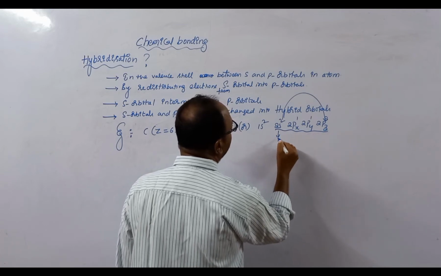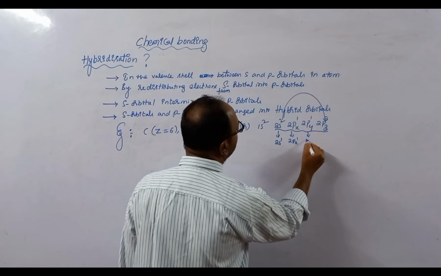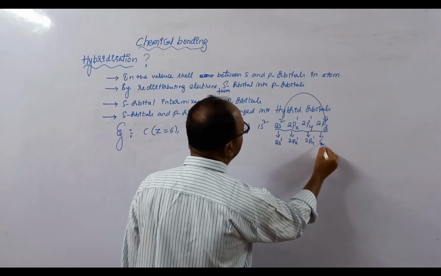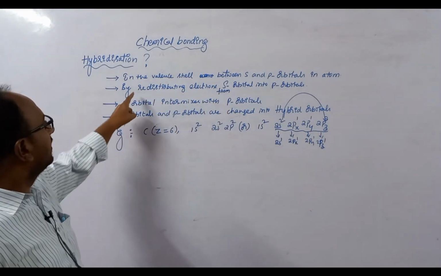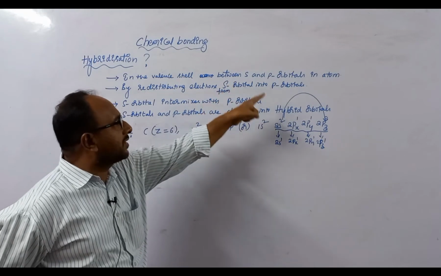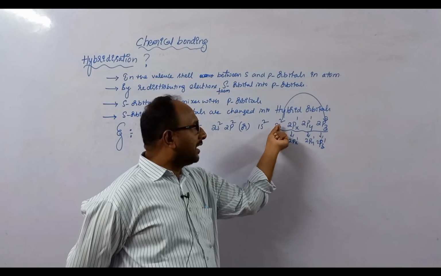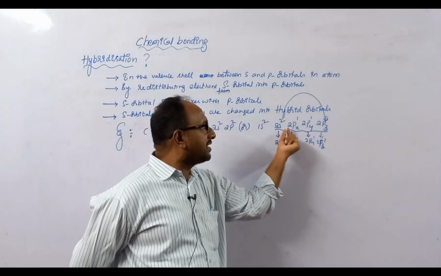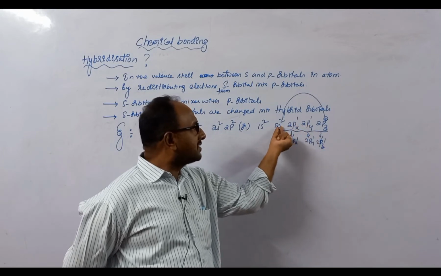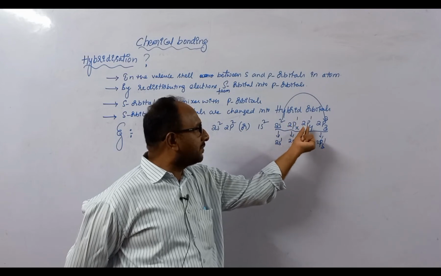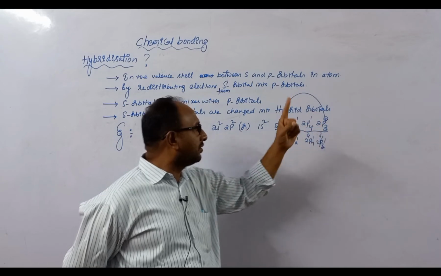So now the configuration is 2s1, 2px1, 2py1 and 2pz1, because one electron goes into 2pz, by redistributing electrons from s orbital into p orbital. So 2s is combining with px, py, pz by transferring one electron into 2pz.